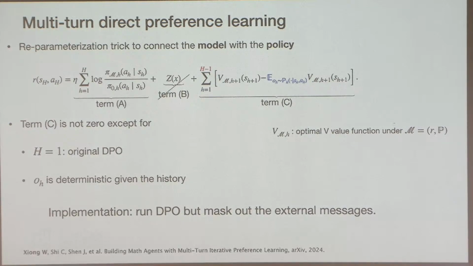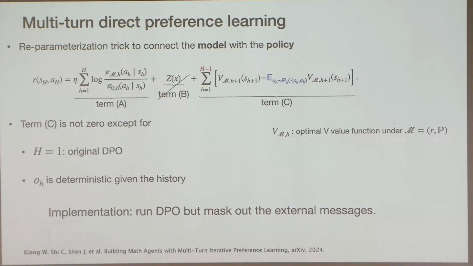Unfortunately, in the general case, the term C is not 0, because we always have some randomness when we call the external tool and observe the observation. But we do have two cases where we don't need to worry about the term C. The first is when we only have one step, so it's the original DPO. The second is when we have a deterministic observation. Definitely, if we don't have an observation, then it's deterministic.